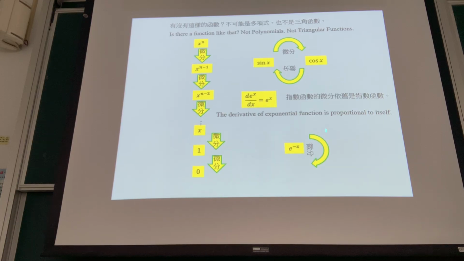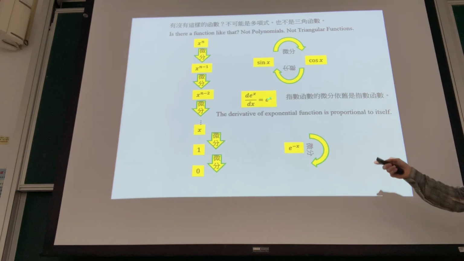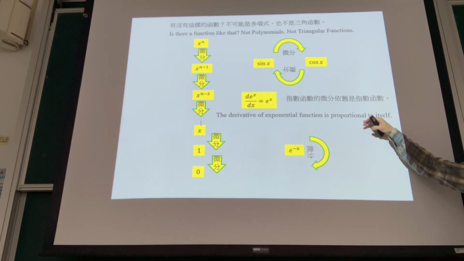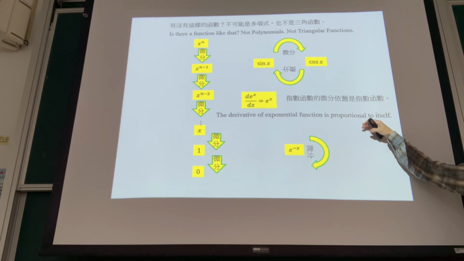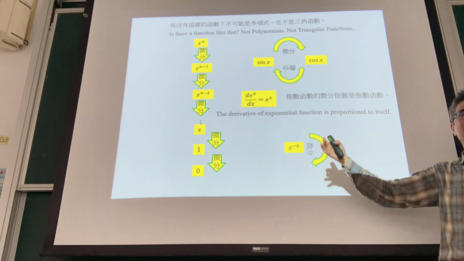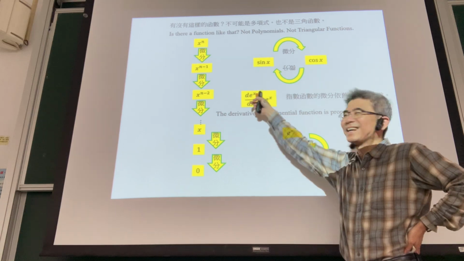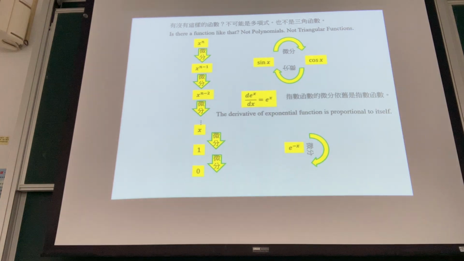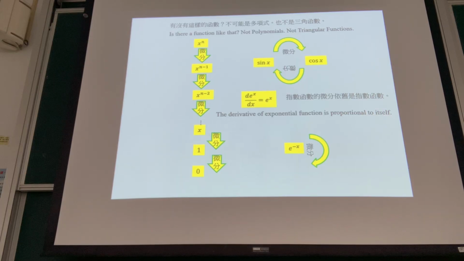Here it's equal to itself, not just proportional. Actually, this is a defining property of an exponential function. Some mathematical textbooks will use this as the definition and proceed to derive that this kind of function looks like this. Some mathematical physics will do it backwards, for the rigor and for the beauty. But for us, taking the derivative of e to the x is equal to itself.